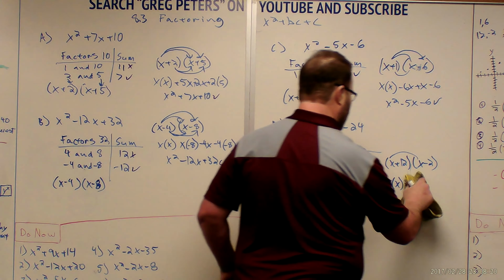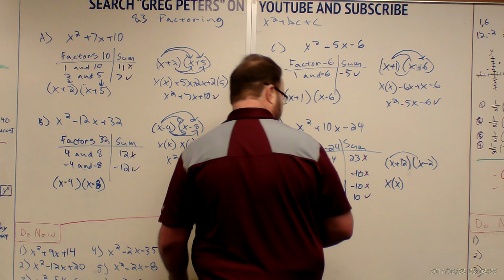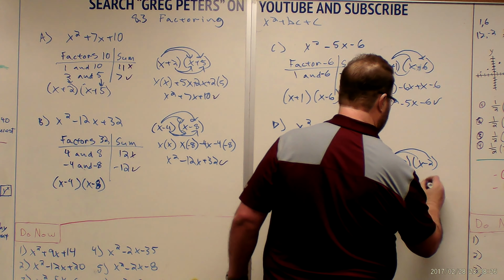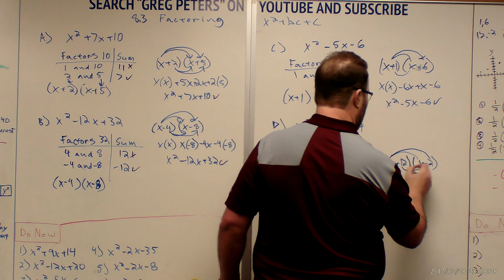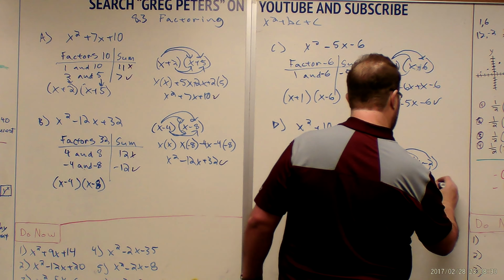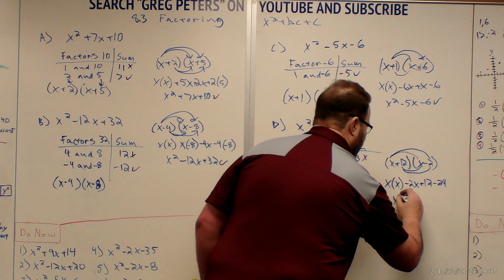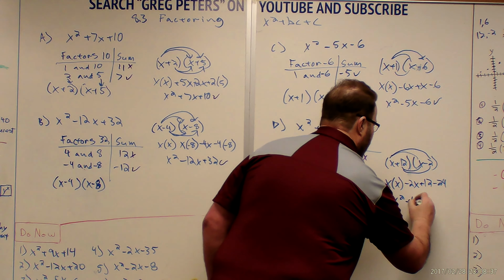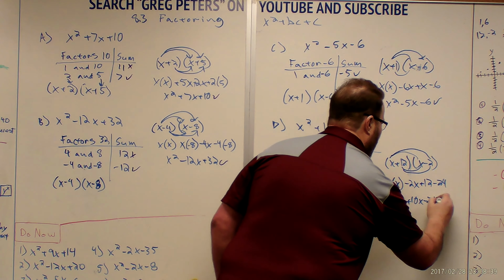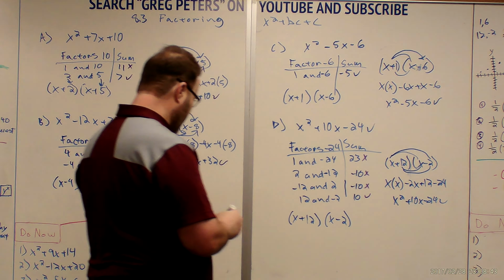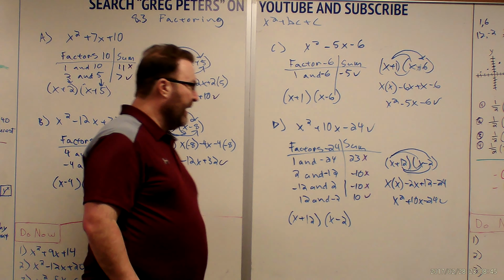I did the first, I didn't do the outer, I tried to jump to the inner. Negative 2x, 12x, and then negative 24. So we simplify these, x squared plus 10x minus 24. This checks out. Checks out with this. Okay, so that is it.